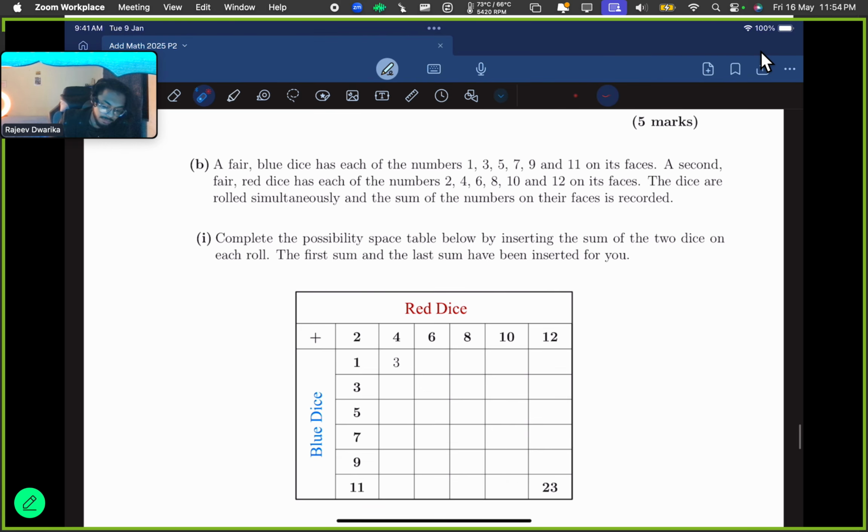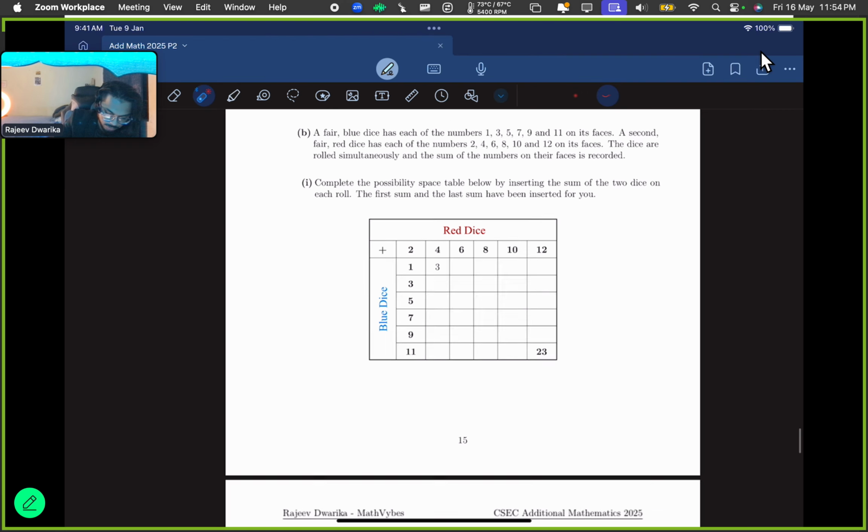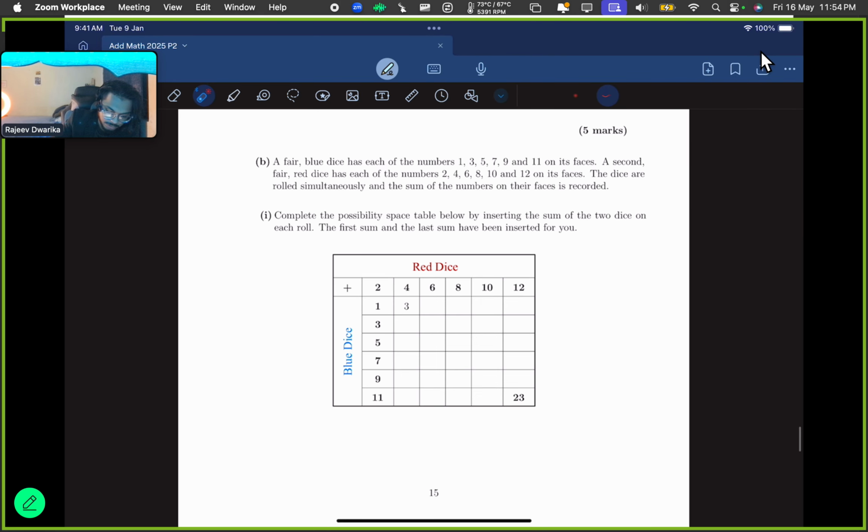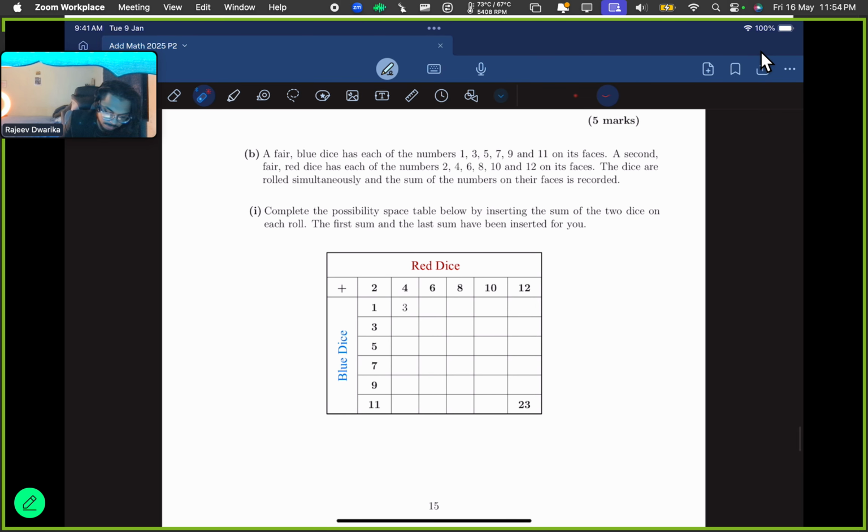What page number, sir? Is this correct? Yes, sir. I didn't make a mistake.